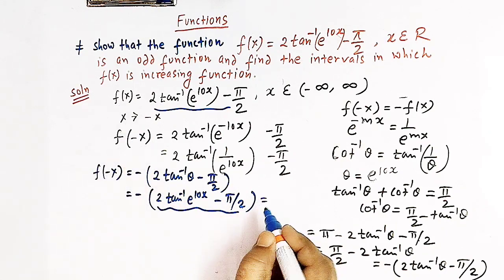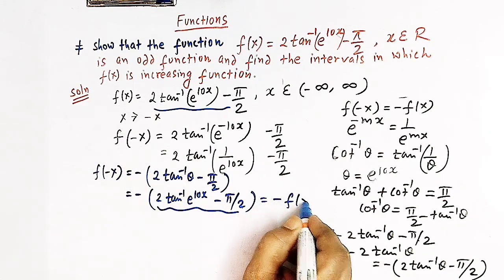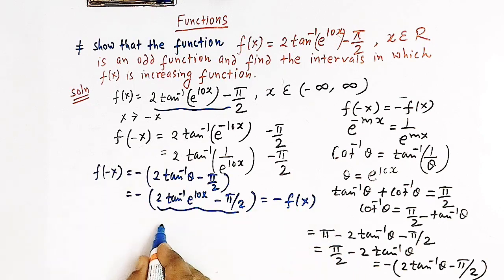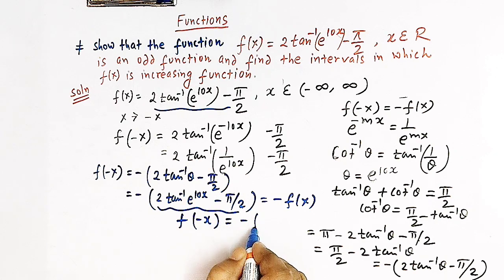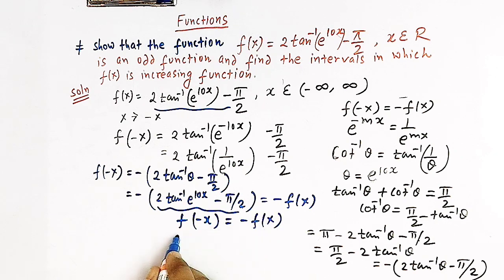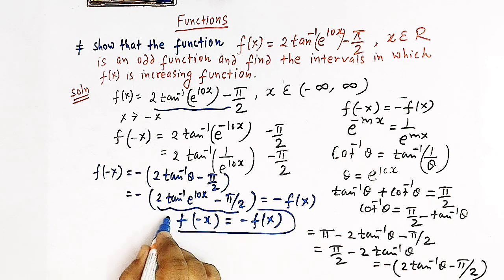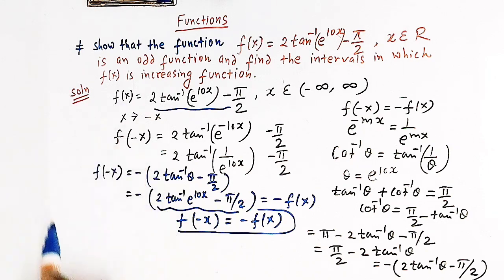So we have a minus f of x, right? So we have reached the condition, that is f of minus x is equal to minus of f of x, which is the condition for a function f of x to be an odd function, right? So this is how we can prove that this function f of x is an odd function, right?